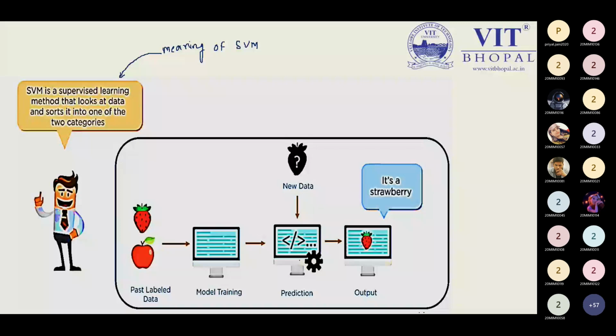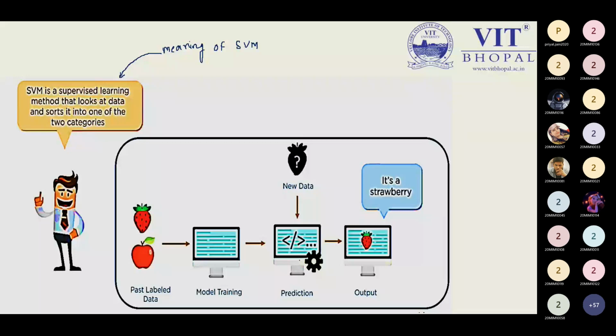So support vector machine is a supervised learning method that looks at data and sorts it into one of two categories. Two categories means we can classify, we can make a group of our data based on its features. So if we have a class in which we have some students sitting over here, how can I identify who is girl, who is boy based on the gender?